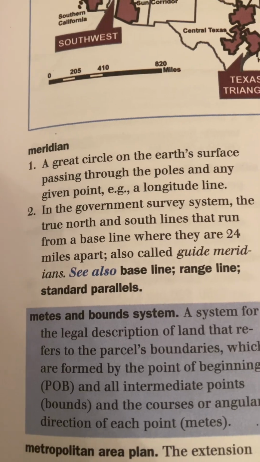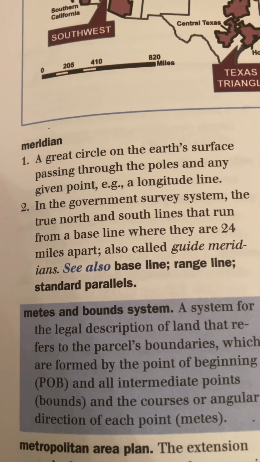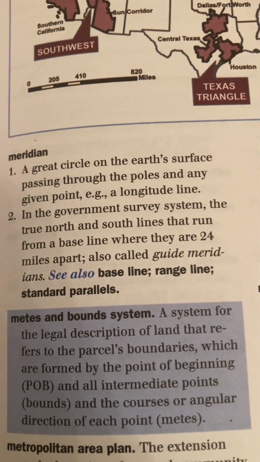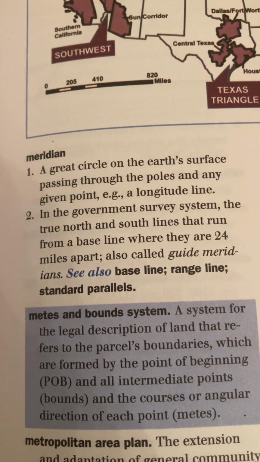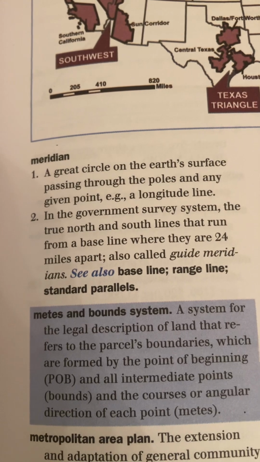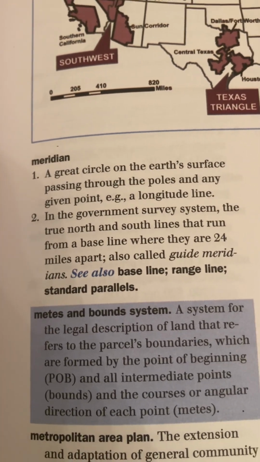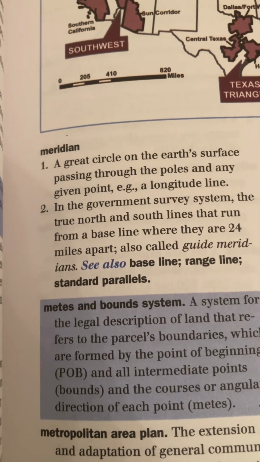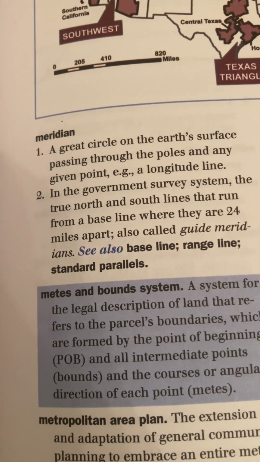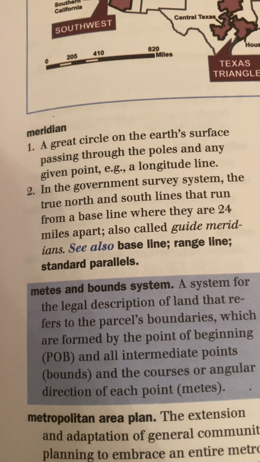Meridian, number 1. A great circle on the Earth's surface passing through the poles and any given point. For instance, a longitude line. Meridian number 2.